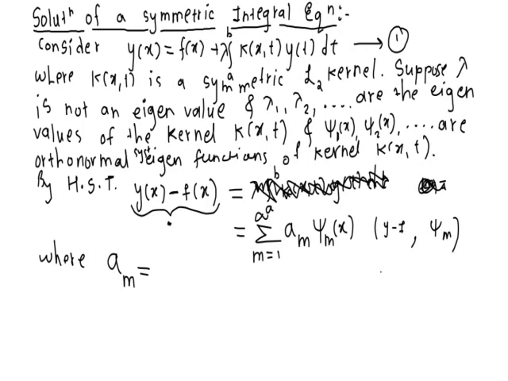So it will be the integral of y of x minus f of x times xi m star, because the inner product definition is the first function as it is times the complex conjugate of the second function, xi m star dx. So a m is equal to this.